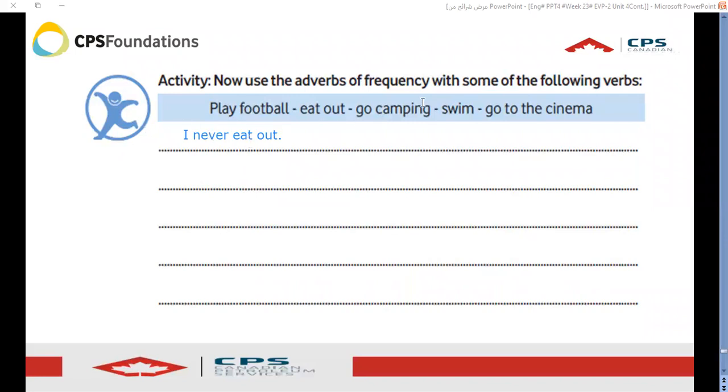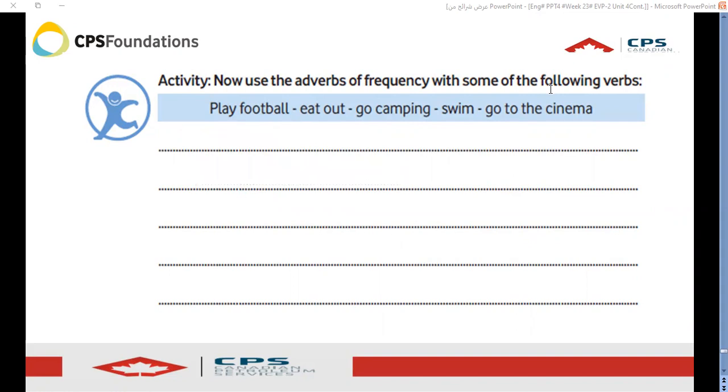Okay, but sometimes also you can use the adverb of frequency after the verb to be. I am never late to work. So when the verb to be is the main verb in the sentence, you have to use never or the adverb of frequency after it, not before it.